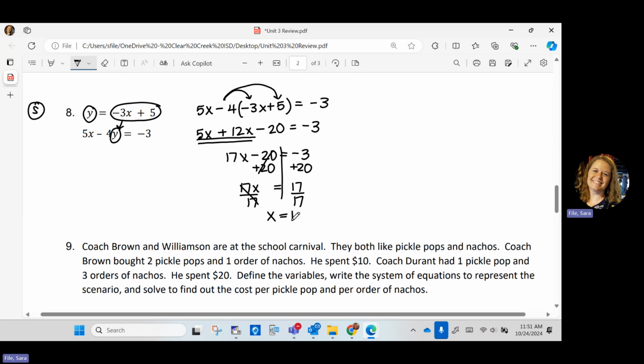All right, so here, once you have x is 1, then we can go and plug it back in to where it said y equals negative 3x plus 5. X is 1.